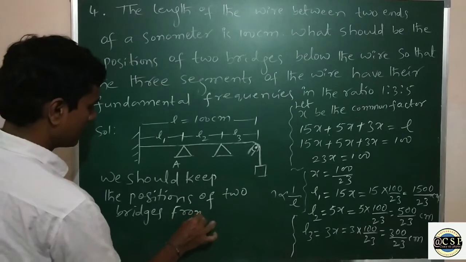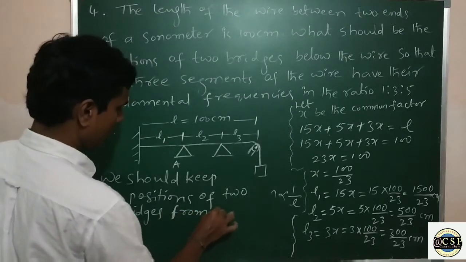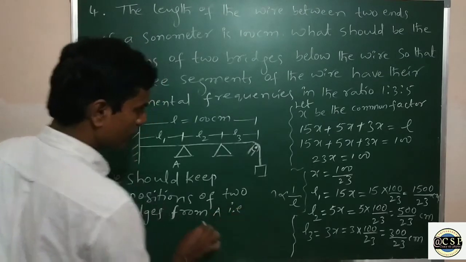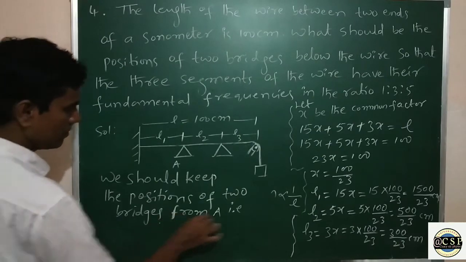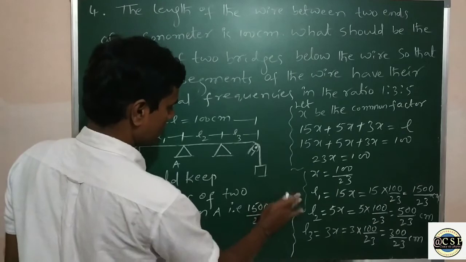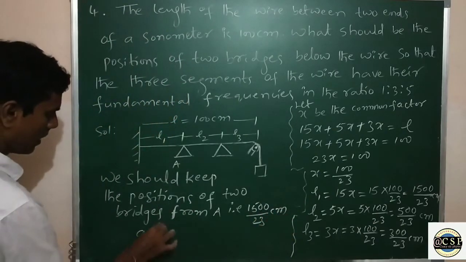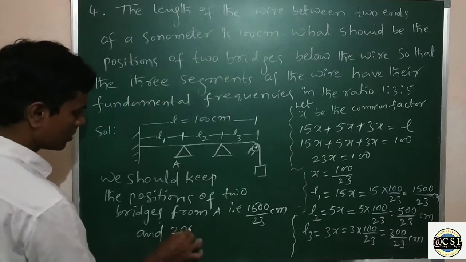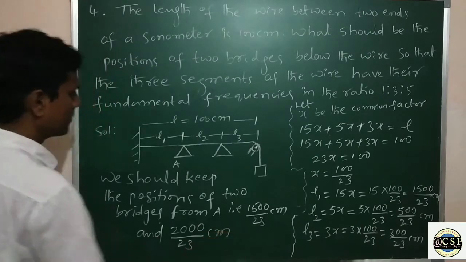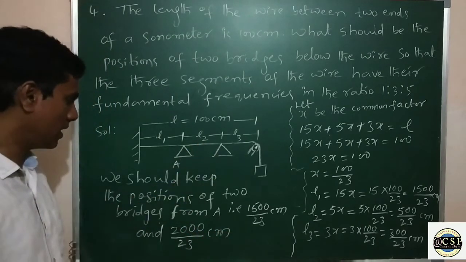From here, from A, that is 1500, here is 1500 by 23 centimeters and 2000 by 23 centimeters. We should keep like this, two bridges, okay, below the string.